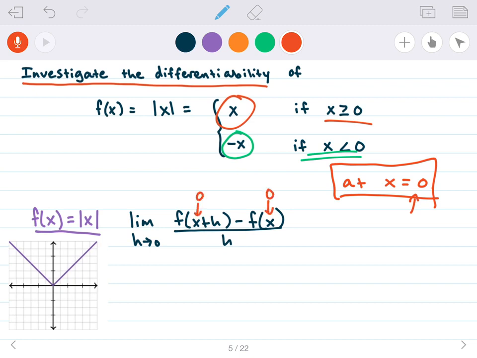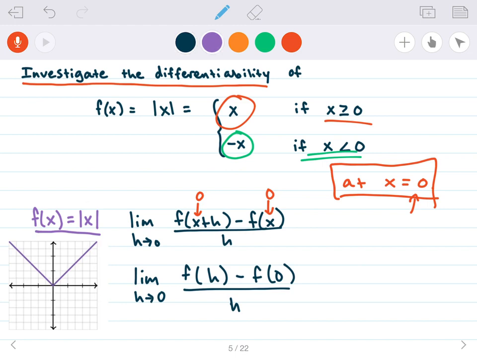Now on your homework, I believe you're looking at what happens when x equals 1. So in that case, you would plug in 1 for x. All right, but here we're plugging in 0 for x because that's what we're trying to see if it's differentiable at, that point. All right, so we have f of 0 plus h is simply h, minus f of 0 all over h. Well, what is f of 0?